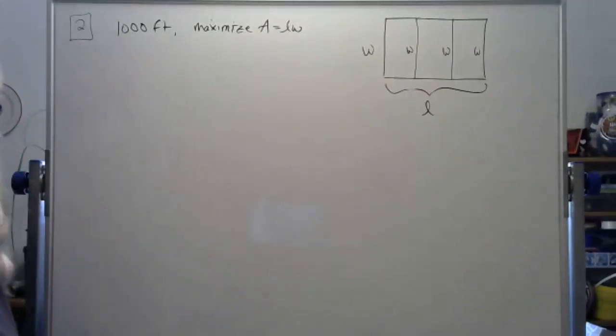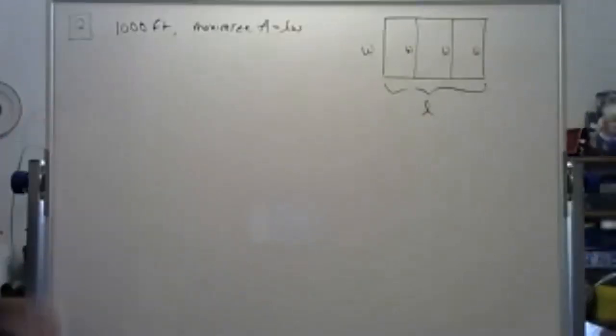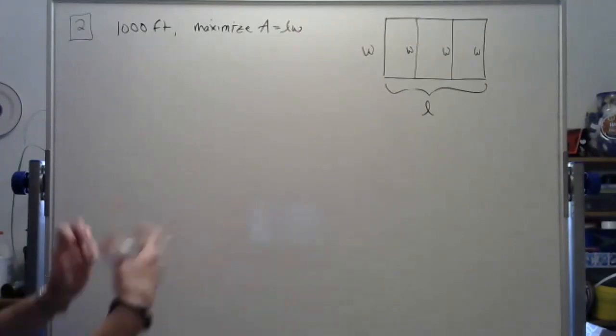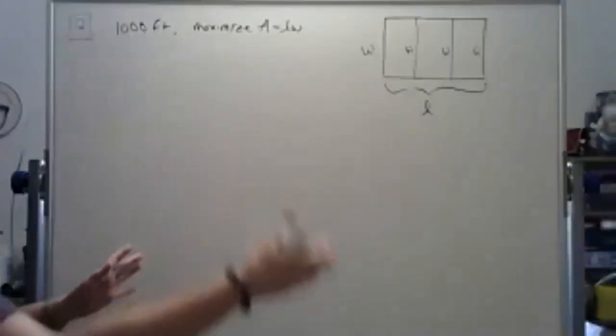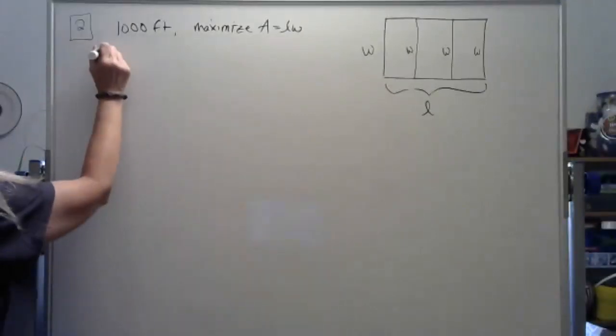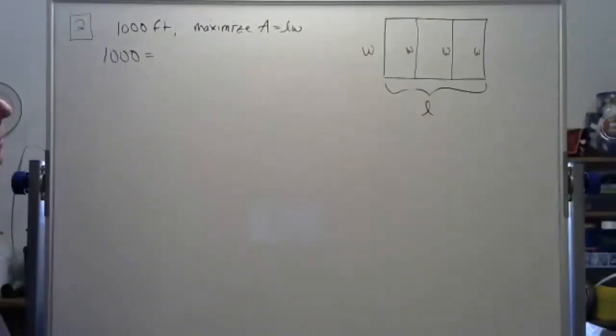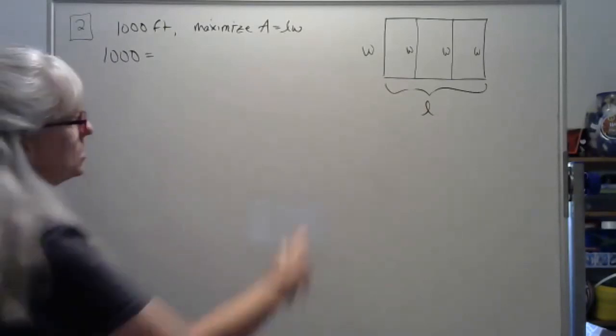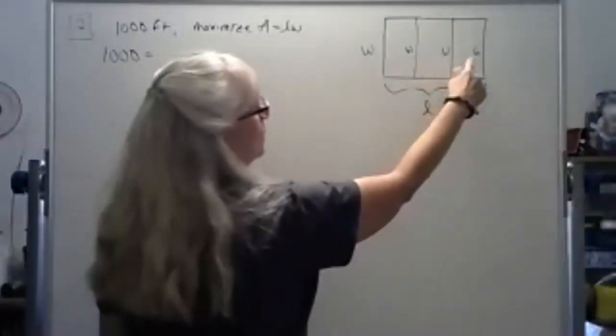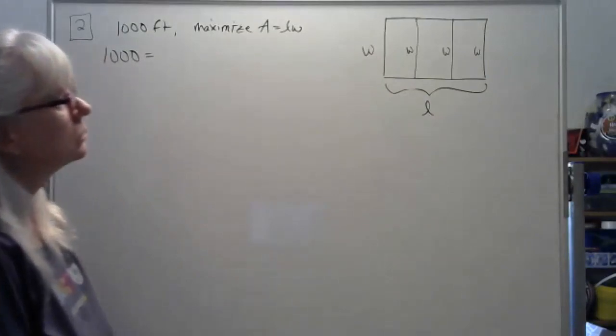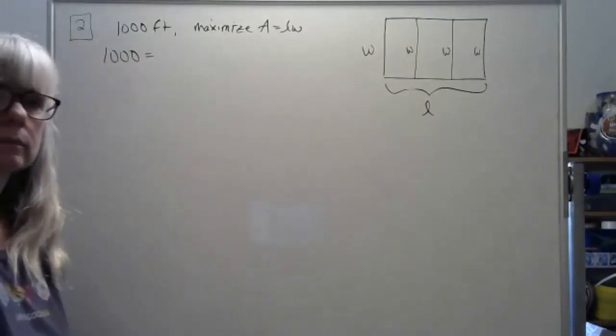And why am I pointing that out? Because we now need to use that 1,000 feet of fencing and write an equation for our perimeter, or how much fence we're actually using. So that 1,000 is going to be equal to, well, how many W's do I see? How many W's am I counting up? Anybody?